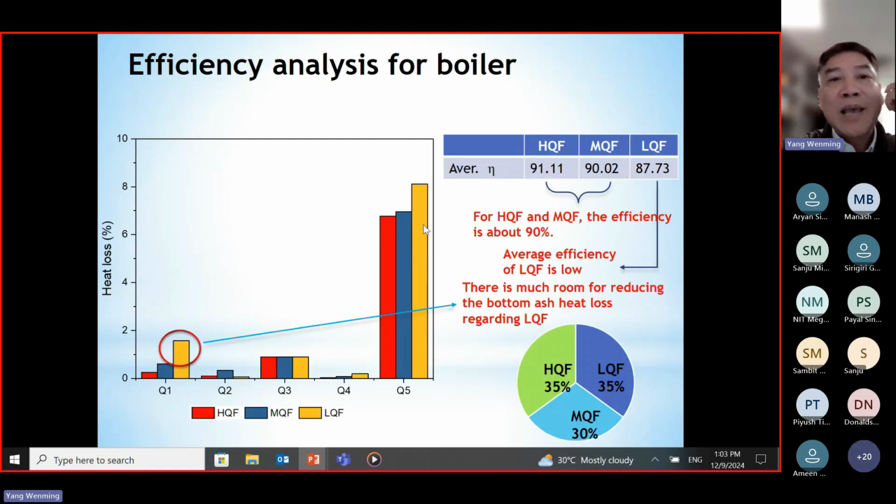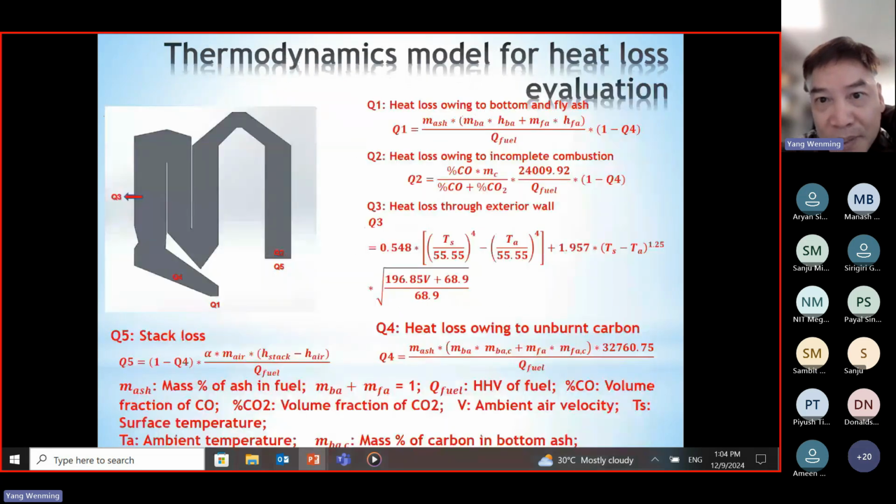Okay, so here we show you the efficiency for the boiler system. The first one, Q1, is the heat loss due to the bottom ash and the fly ash.